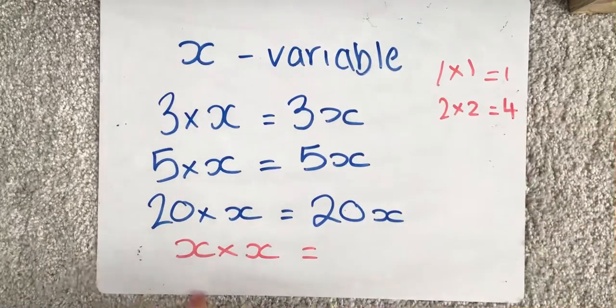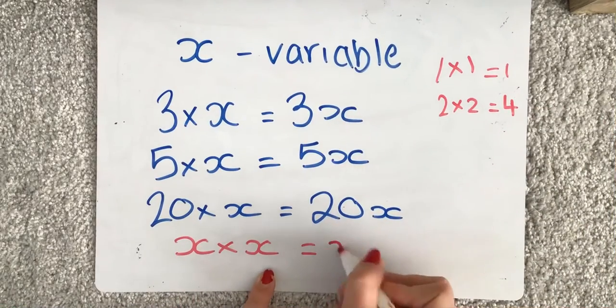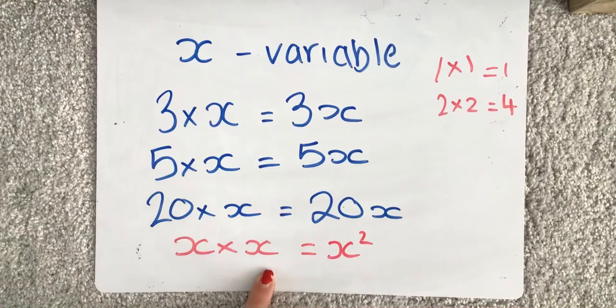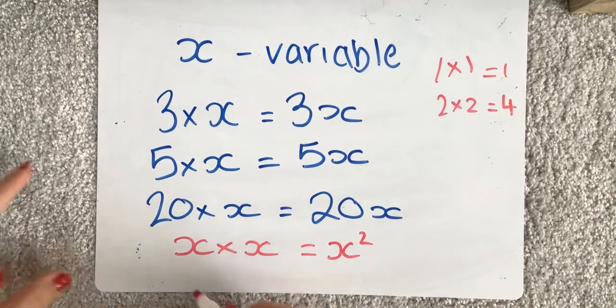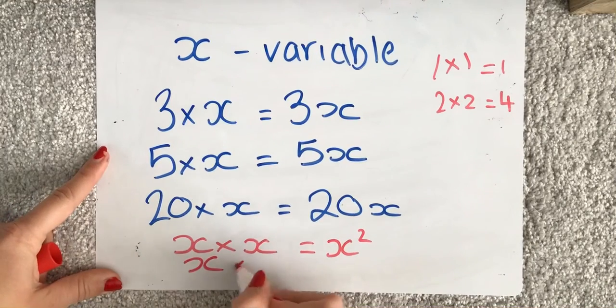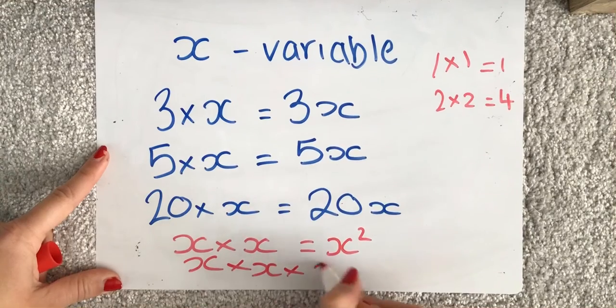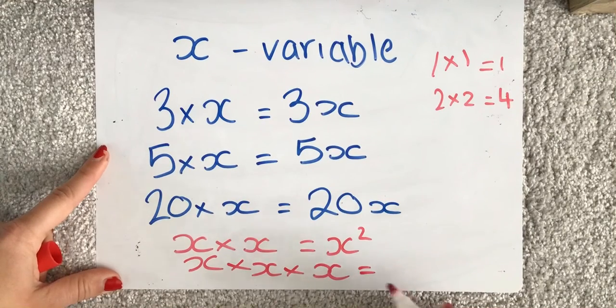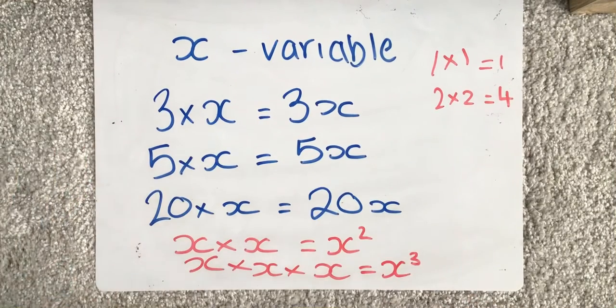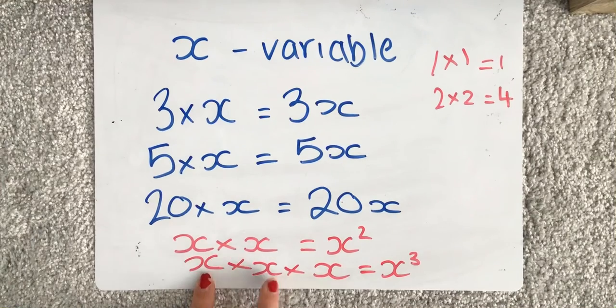They're square numbers, okay? So x times x, well, that gives us x squared, okay? So then if I had x times x times x, well, this time it's not squared, it's going to be x cubed. Okay, and that is probably the second thing to know: x times x gives me x squared, x times x times x gives me x cubed.